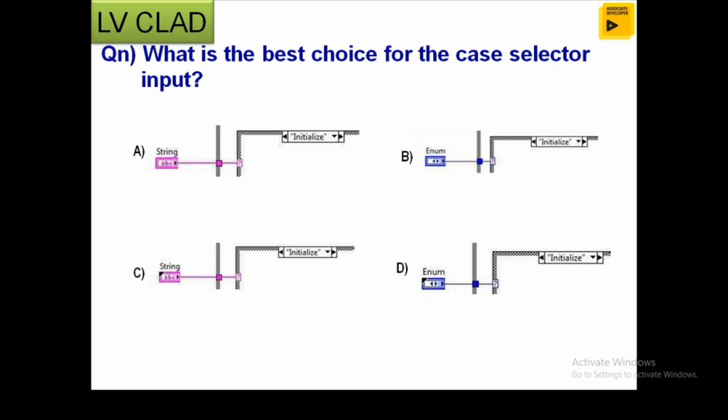Other than array, it is possible. So in this question, what are the options you can see? In the first option you have a string control, the second option is an enum control, the third option is a string control with the type defined. That right angle triangle on the left side is the symbol of the type defined control. Then we have enum.